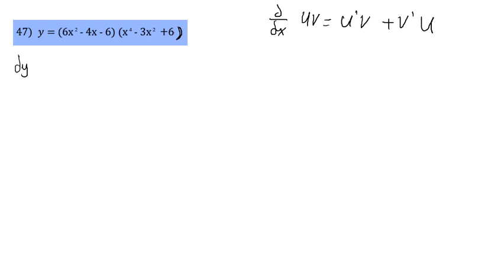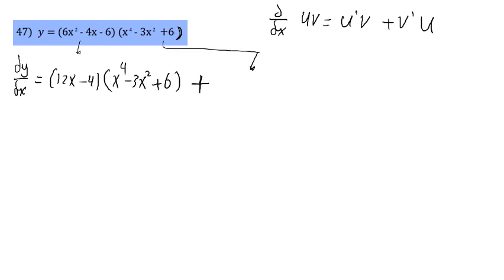So I'm going to write dy by dx is equal to the derivative of this bracket, which is 12x minus 4, multiplied by the second bracket, which is x power 4 minus 3x squared plus 6, then plus the derivative of this one, 4x power 3 minus 6x, multiplied by the first one, 6x squared minus 4x minus 6, and then we start simplifying.